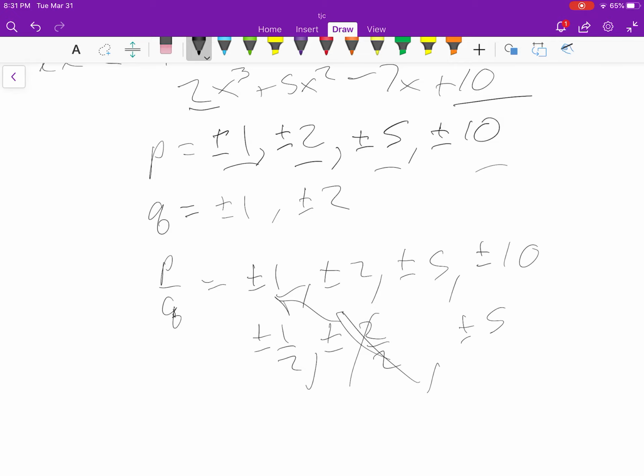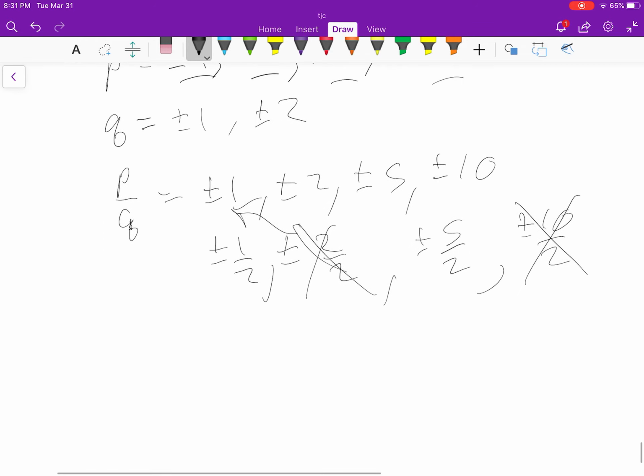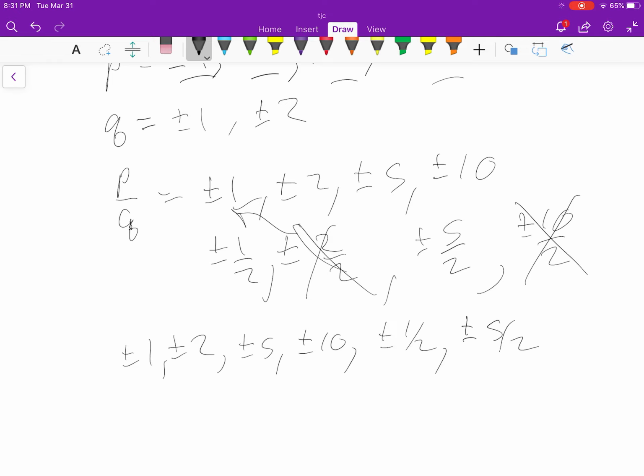Then plus or minus 5 over 2, that's good, it's different. And then plus or minus 10 over 2, which is 5, which we already have, so we'll cross that one out. So our possible rational solutions to this polynomial equation are plus or minus 1, plus or minus 2, plus or minus 5, plus or minus 10, plus or minus 1/2, and plus or minus 5/2.